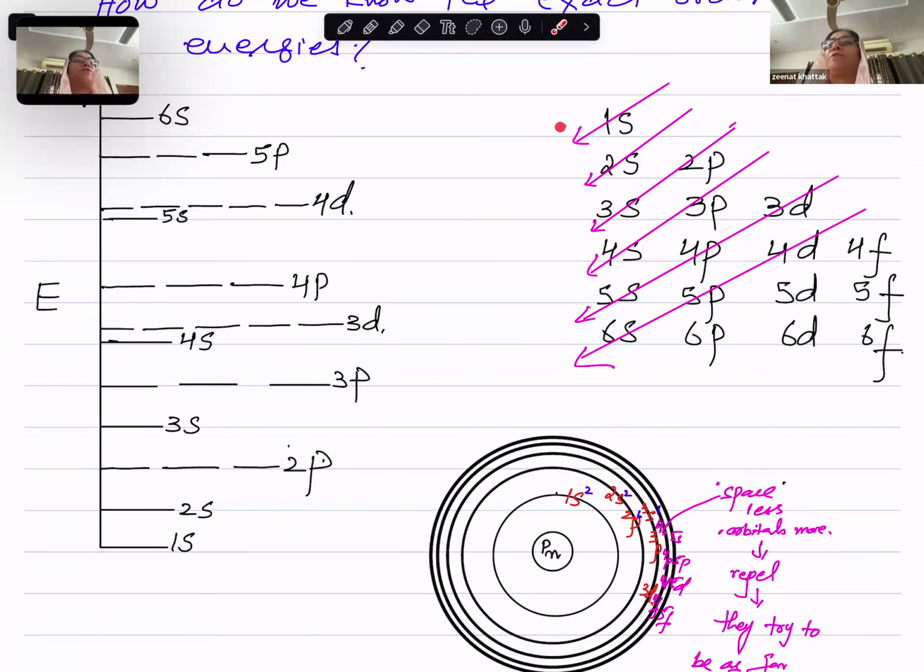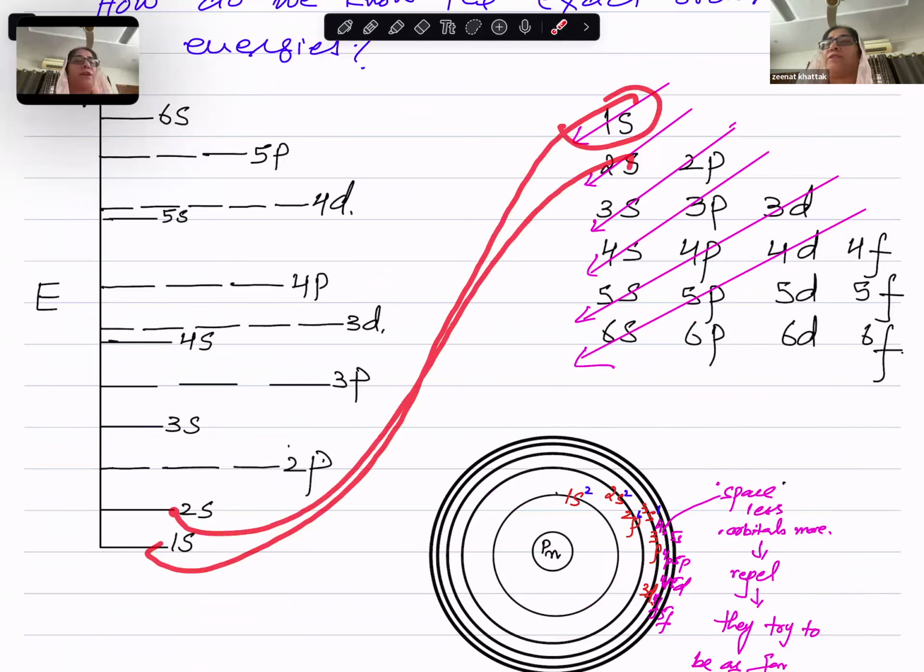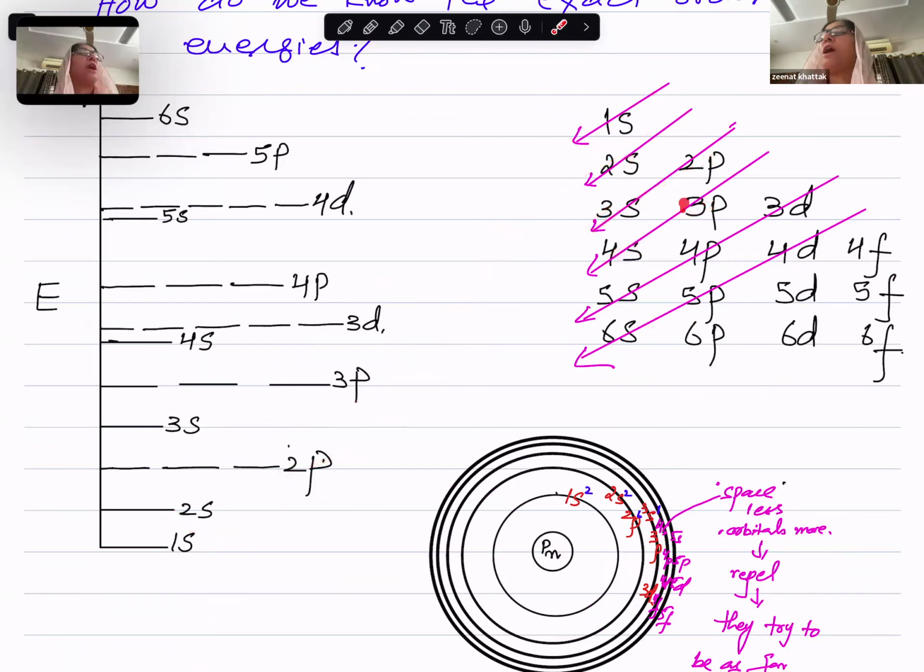So first we are supposed to fill 1s and then 2s and then 2p and then 3s and 3p and then 4s, right? So after 3p, the electron goes into 4s. Once the 4s is filled, the electron will go into 3d.